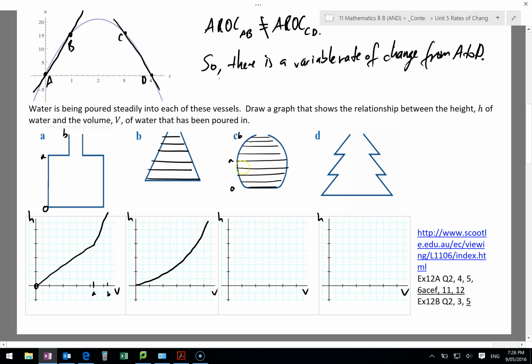So from 0 to A, because the vessel's getting wider, the rate of change will get slower.